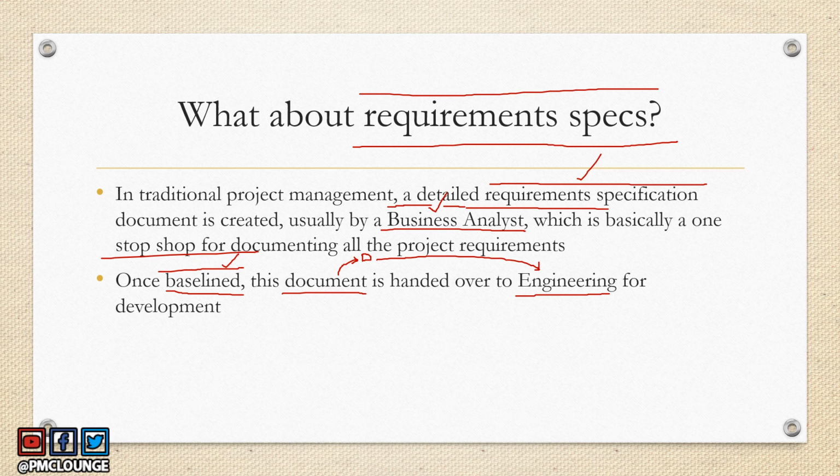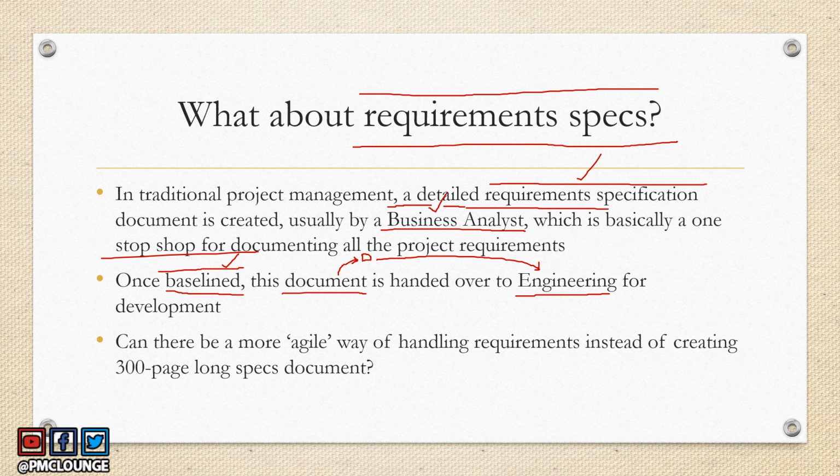The problem here is that this document is basically changing a lot of hands. After it is baselined, it goes to the design team and then to the engineering team. So a lot could be lost in translation while all these different teams and different people are going over the requirement specifications document, which, mind you, is a large document, 200, 300 pages long, right?